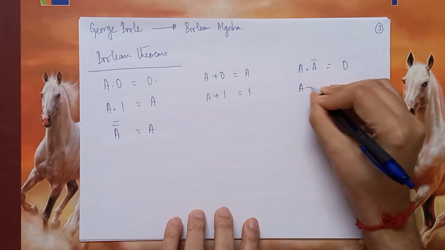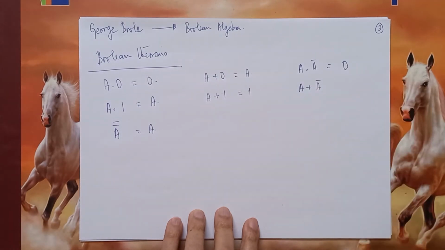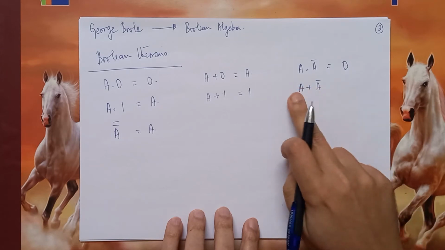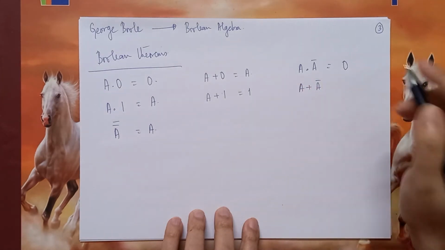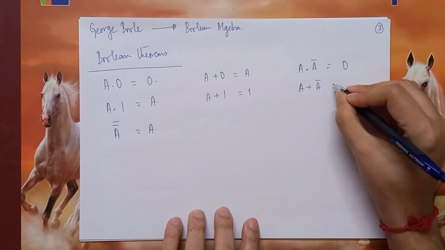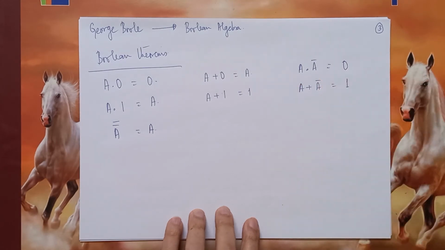If you have a plus a bar, again, one of the quantities is definitely bound to be 1. So therefore, if any of the inputs is 1, the output will also be 1. So these are some of the very basic Boolean theorems which George Boole essentially theorized.